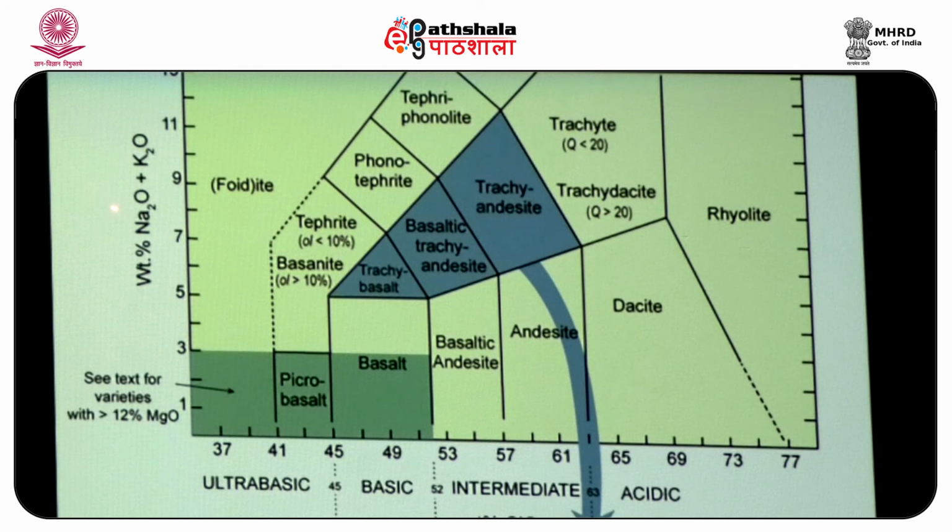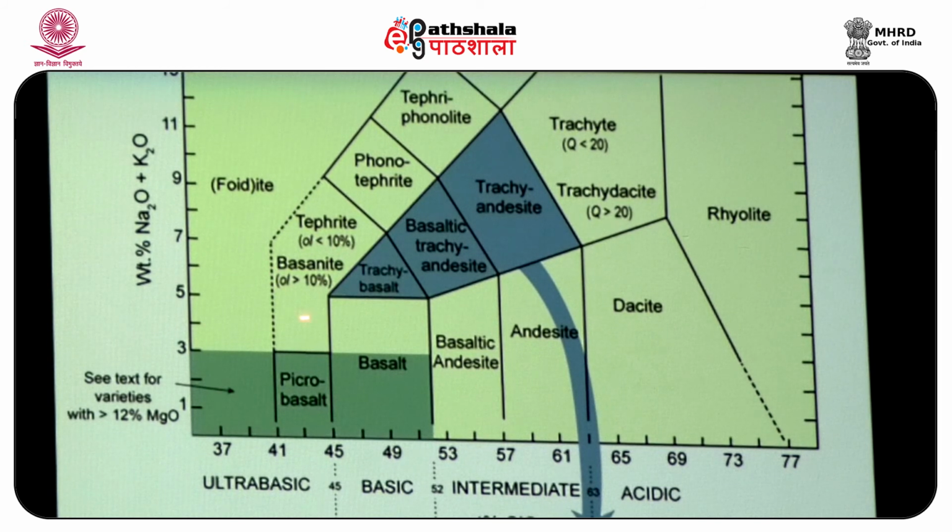So, when we have more than 5% Na2O plus K2O and the same composition as basalt in terms of silica, it is called trachybasalt. When it has even more sodium and potassium, it is called tephrite or basanite.